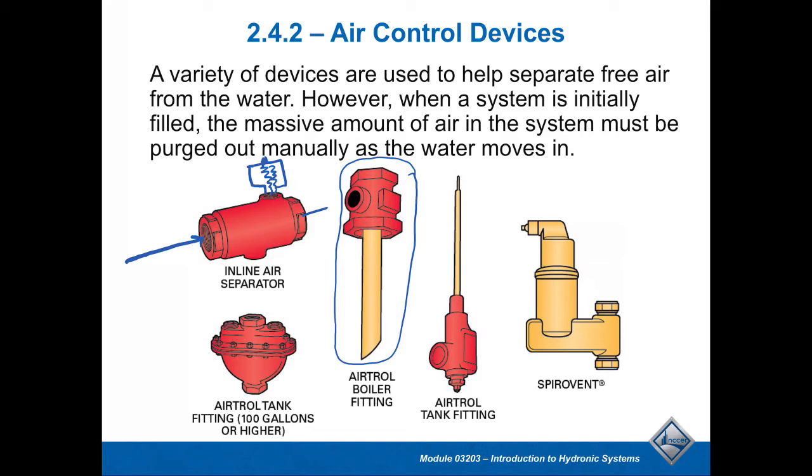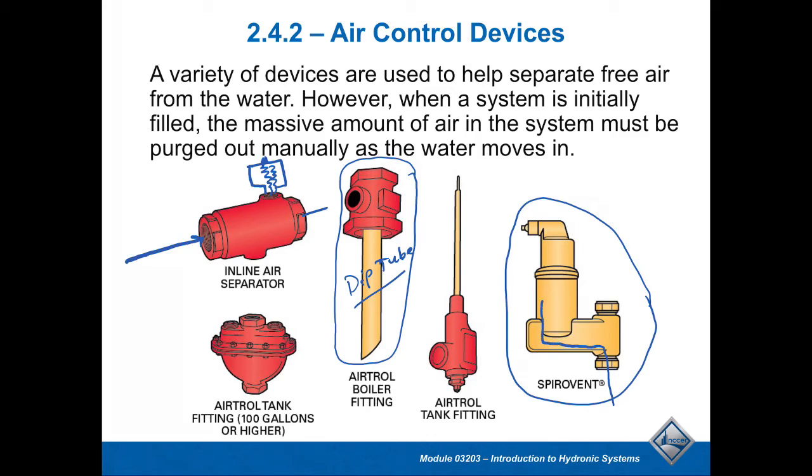There are some that are a little less common nowadays, called air troll boiler fittings. This contains a dip tube that would go inside of a boiler system. You don't typically see a lot of those on systems anymore, primarily because of the advancement in our systems.